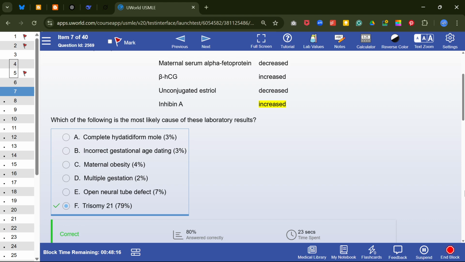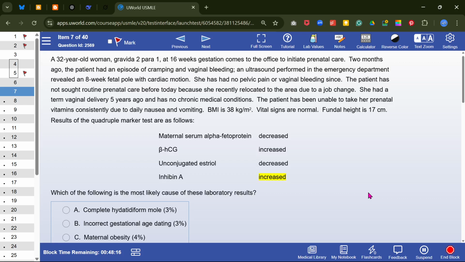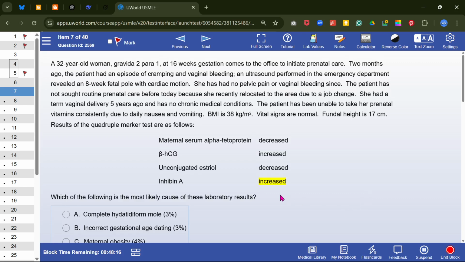Open neural tube has maternal serum alpha-fetoprotein high. Yes, I told you, if you read the whole stem, there is nothing in the stem. In here, high up, I told you to remember the high up.